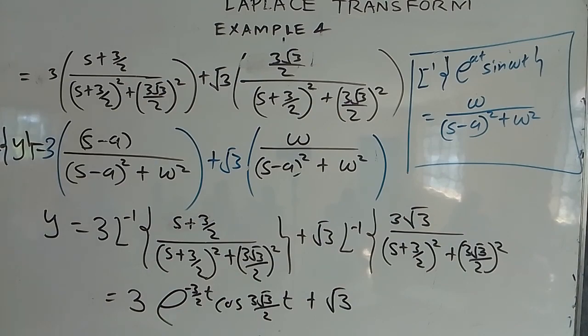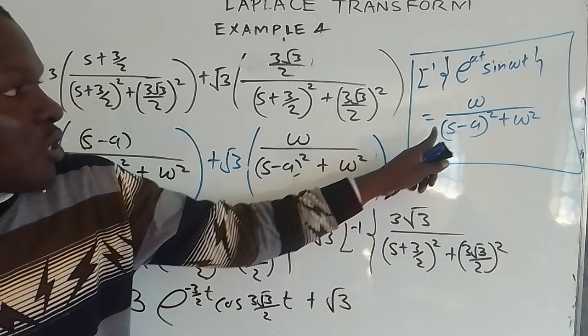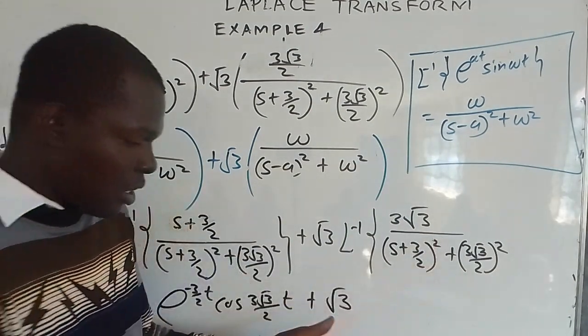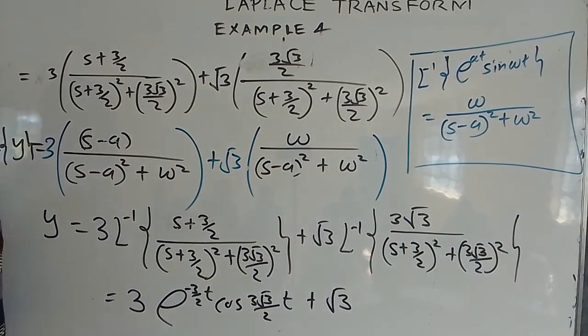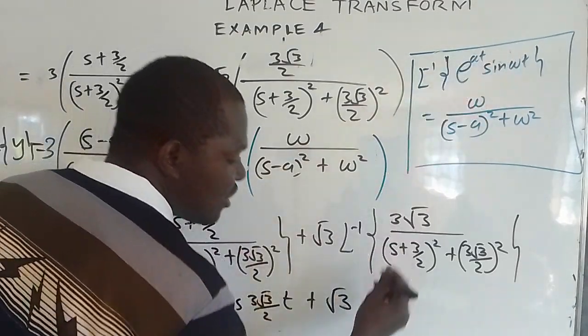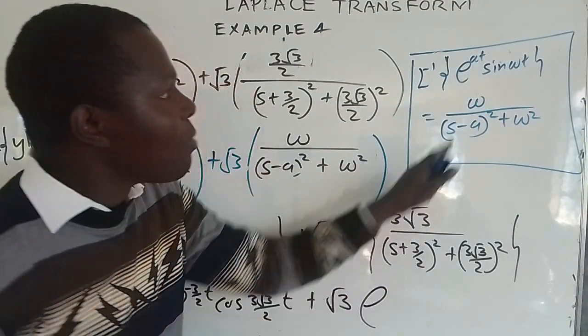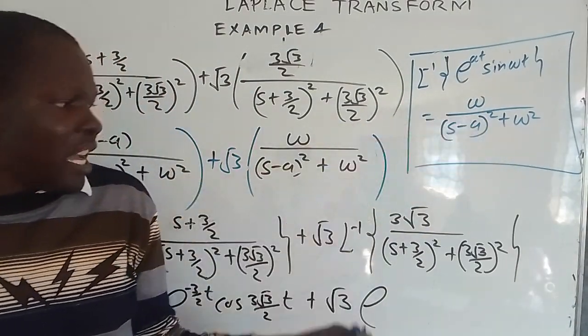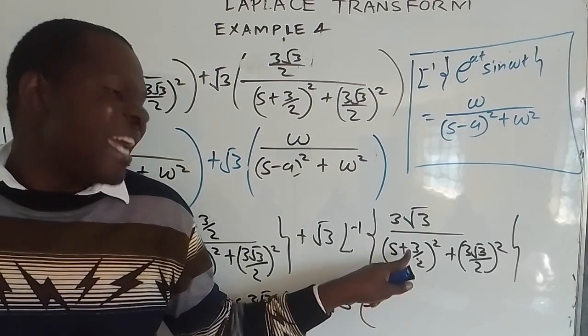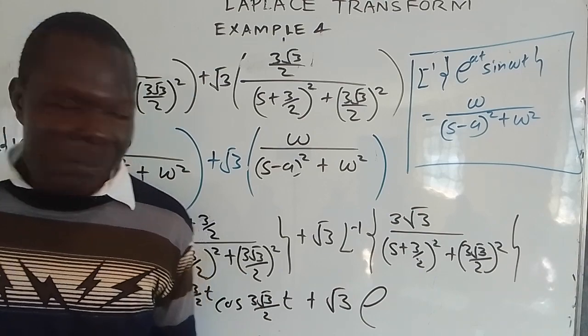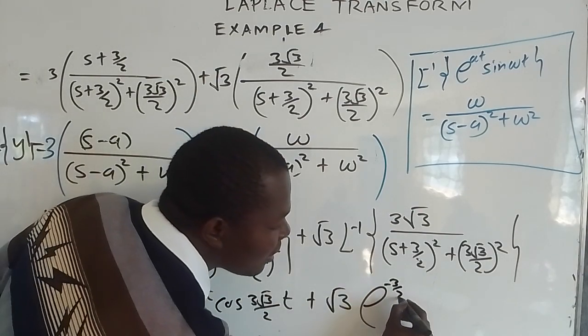So if you have the Laplace inverse of this, you are supposed to get back the original problem, which is exponential AT. But what is your A in this problem? S minus A. So S plus 3 over 2 is S minus negative 3 over 2, meaning A is negative 3 over 2 t.